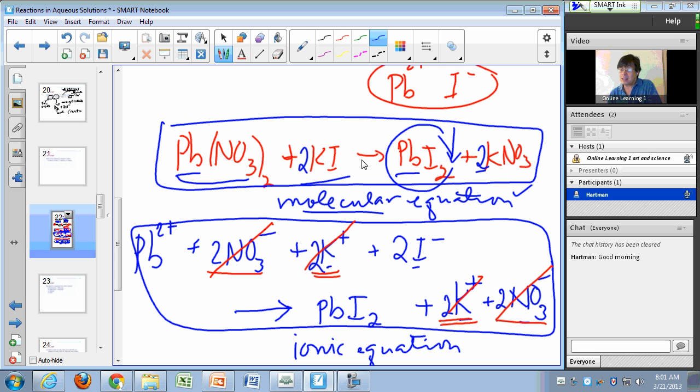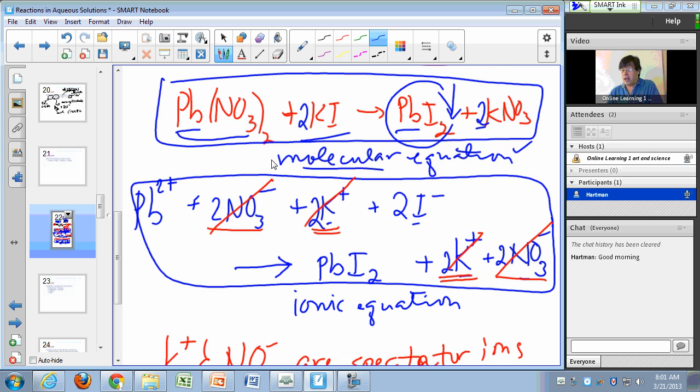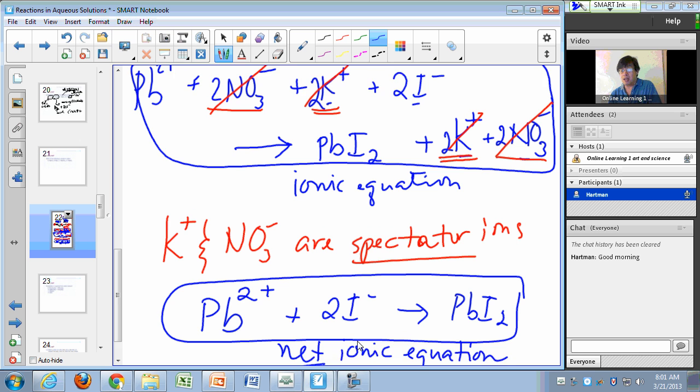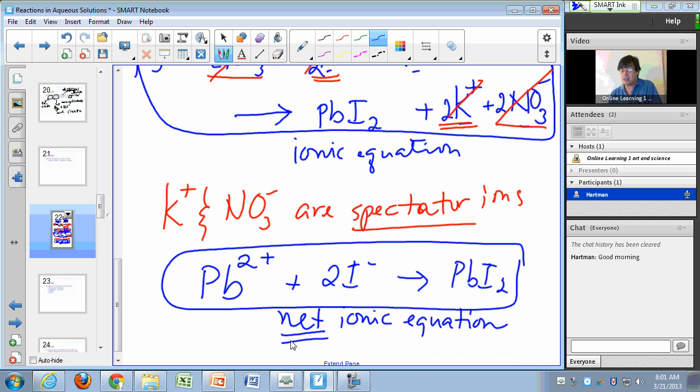You're writing it as though everything was made up of molecules. And then when you actually separate the ions, for substances that are actually dissolved in water, ionic substances, then you have what's called an ionic equation. If you get rid of the spectator ions from your ionic equation, what you have left is called the net ionic equation, right?